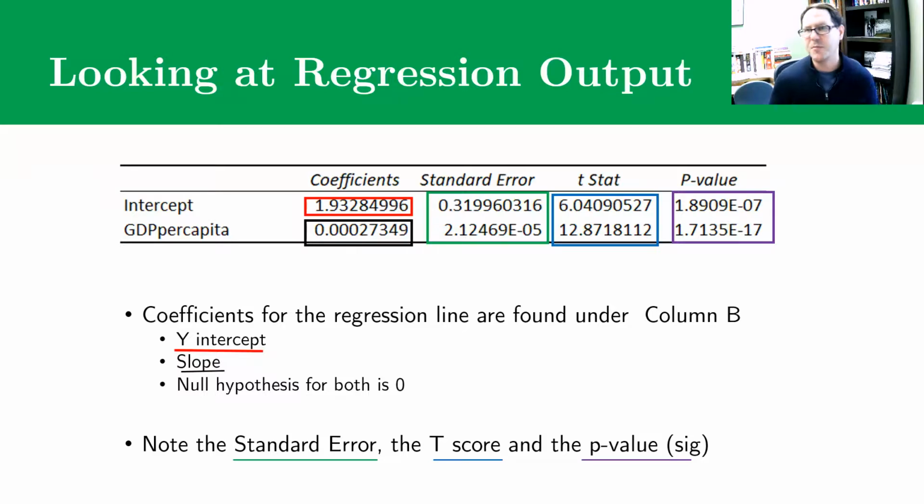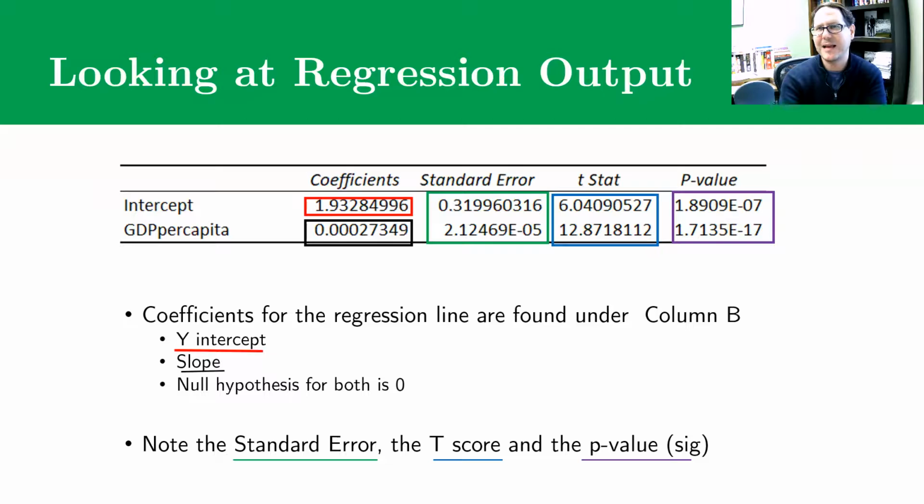We look at the first column with the coefficients to get a sense of what the line looks like. And we look at the last column at the p-values to get a sense of whether this is just random chance, like a 0.7, where I could say 70% of the time this just happened by chance. It's not something to be taken seriously, or something like these results that are ridiculously small probabilities happening by chance.